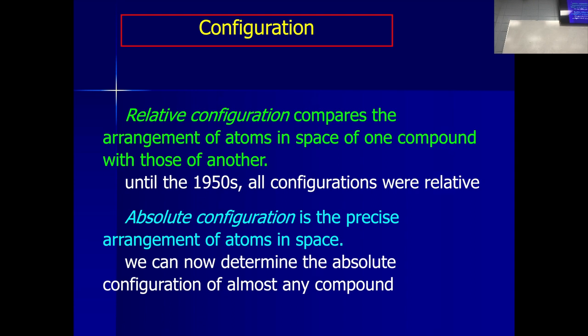Okay? They will use a nomenclature that's a little different than R and S. When you start learning about the amino acids, they will not say an R amino acid or an S amino acid. They will say D and L. The D amino acid, the L amino acid. And we know that all the L amino acids are the natural amino acids, and that only bacteria use the D amino acids. You'll learn all that stuff, okay?